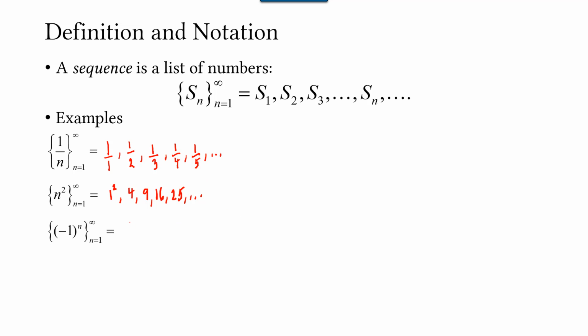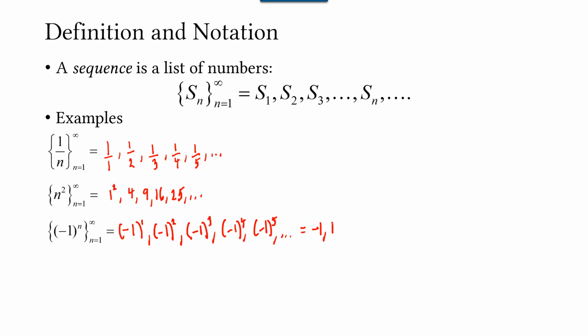But the idea is if we take minus 1 to the first power, we would just get minus 1, and then minus 1 to the second power, minus 1 squared, or positive 1, minus 1 cubed, minus 1 to the fourth, minus 1 to the fifth, and so on. And then this is more commonly written in its simplified form.